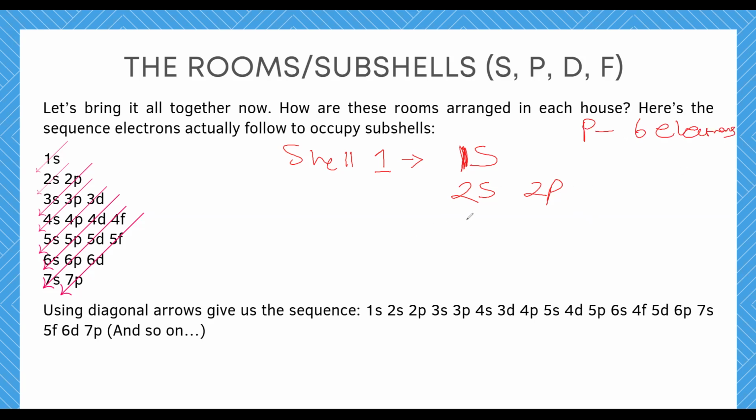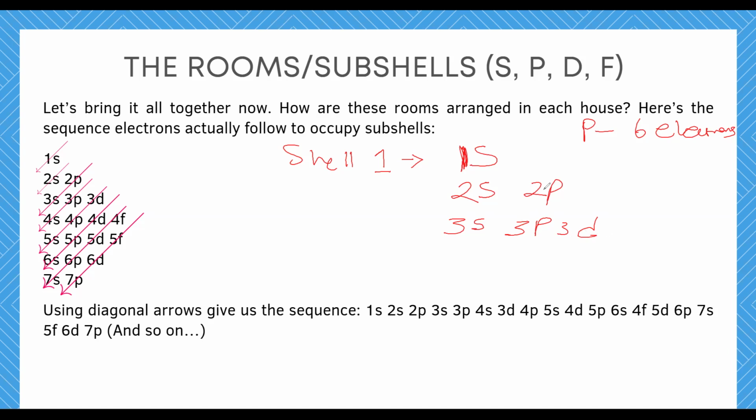And then at the third shell, we have 3. The subshells we have are S, P, D. Let me put 3S, 3P, and 3D. How many electrons did I tell you that the D subshell can accommodate? I'm hearing some people saying 8, some people saying 10.